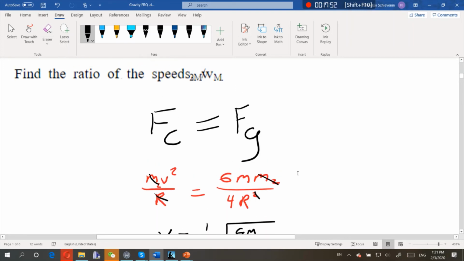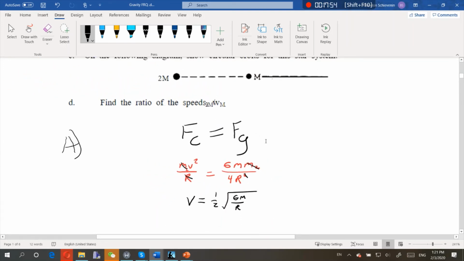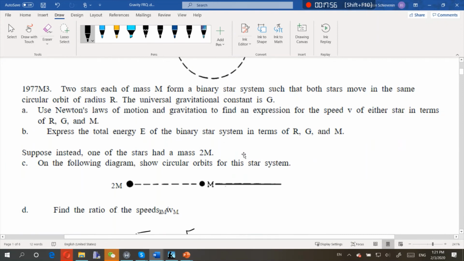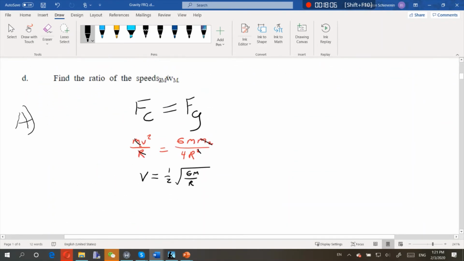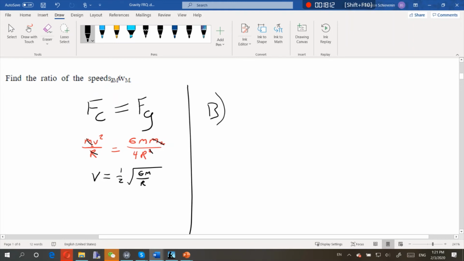Second question is total energy. So total energy has kinetic energy and potential energy. Okay, so give me an equation though. So total energy is, again? Kinetic energy. Okay.